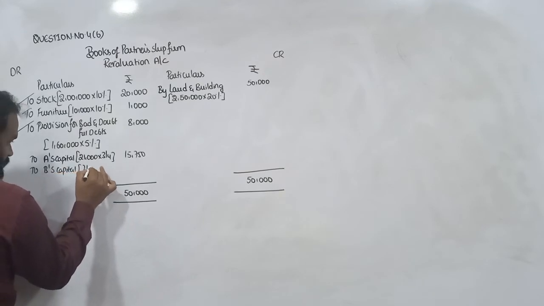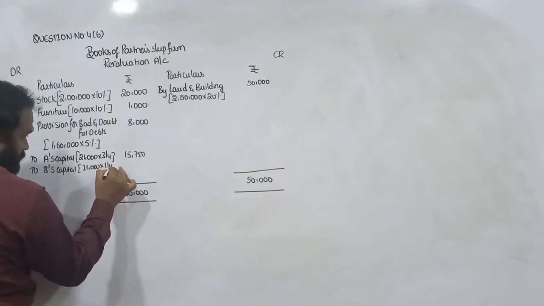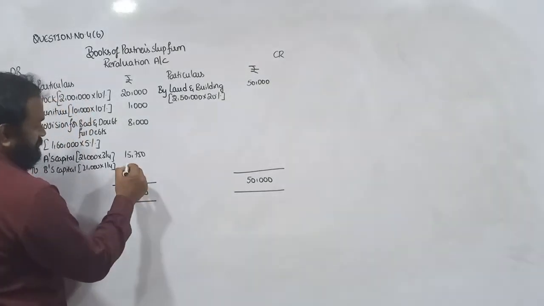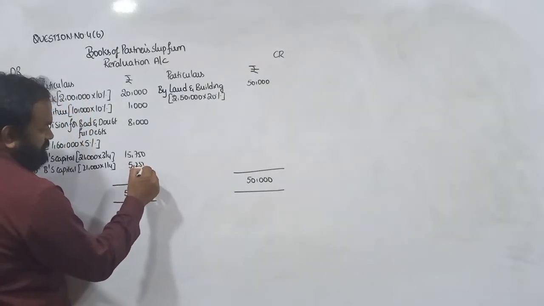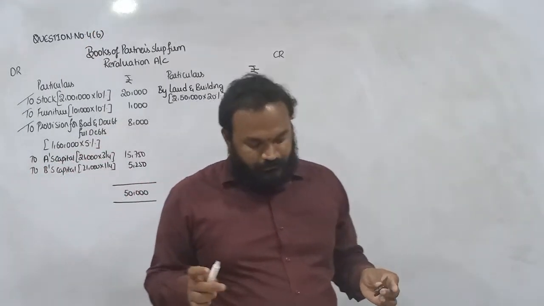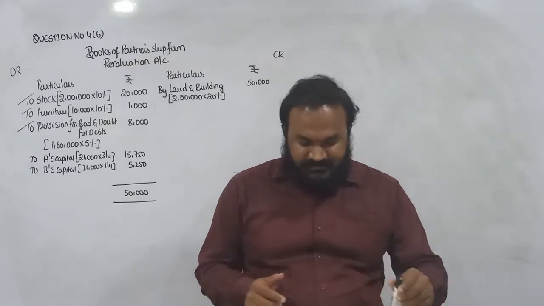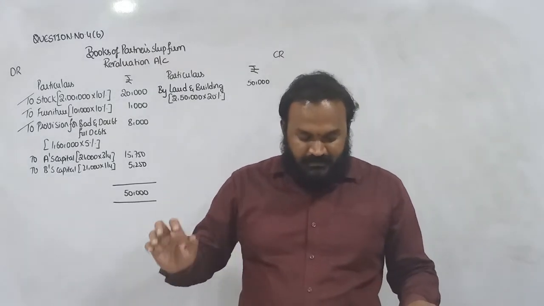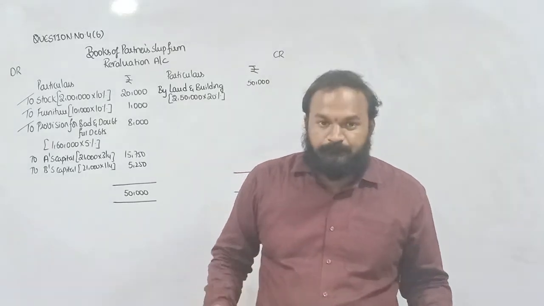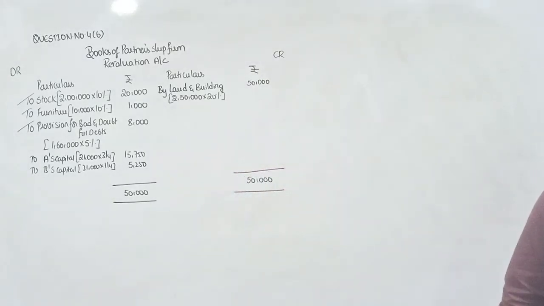B's capital, 21,000 into 1 by 4. How much? 5,250. This is the first part of the answer, boys and girls. Okay, please make note of it.